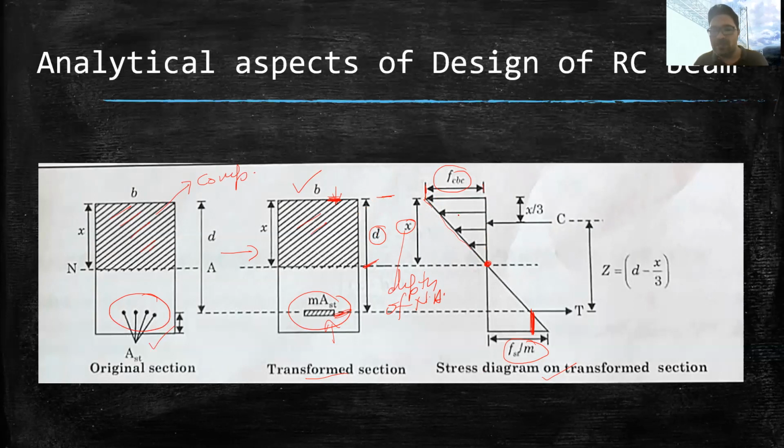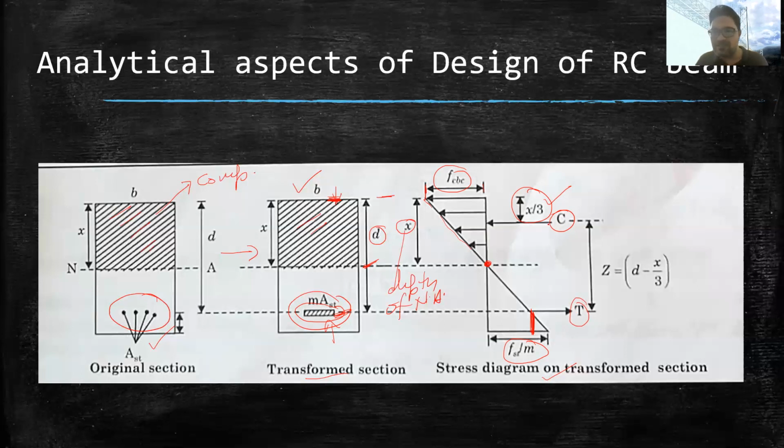Now, if we try to find where the stress will concentrate, as this is a triangular form, the resultant will act at x by 3 distance. So the maximum compressive force will be acting at x by 3, represented as C. Similarly, the maximum tensile force will be at the level of reinforcement where the equivalent area is placed, and at this level the force is represented as T, the tensile force.